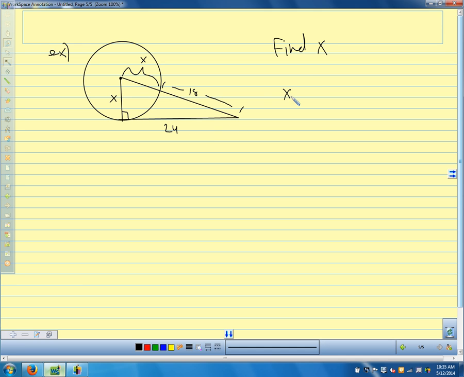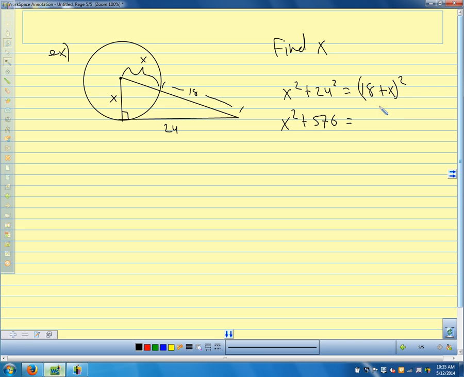So we have x squared plus 24 squared equals, and what's the entire length of this side? 18 plus x, and we're going to square that. So x squared plus 24 squared is 576.